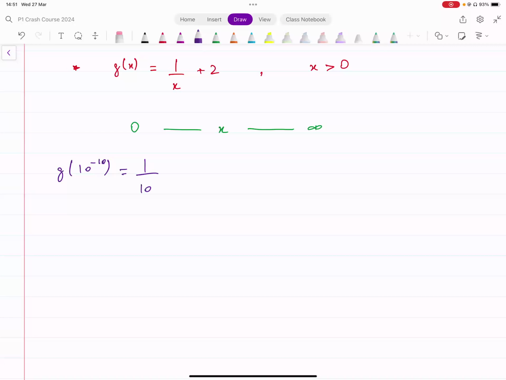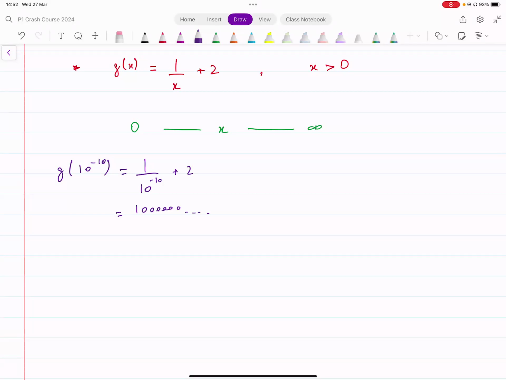1 over 10 raised to power minus 10, plus 2. Put that on your calculator and see what happens. What do you get? You get an extremely large value, right? It'll be 1 and then many zeros, and then maybe a 2 at the end. It's an extremely large value.